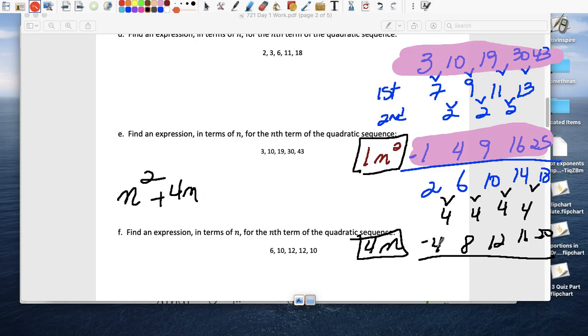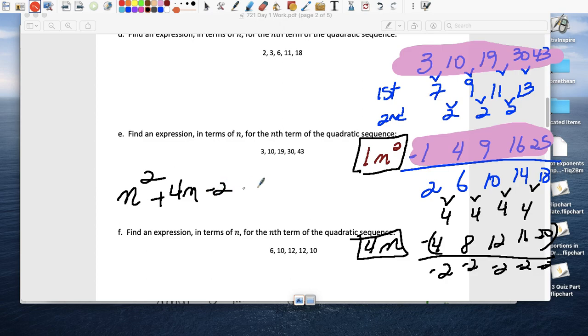Now we have to subtract. Do I have to make any adjustments? Because a 4n sequence goes 4, 8, 12, 16, 20, but I don't really want 4, 8, 12. I want 2, 6, 10. So what do I do to get 2, 6, 10, 14? Well, 2 minus 4 is negative 2. 6 minus 8 is negative 2. Let me put this in parentheses here. 10 minus 12 is negative 2.